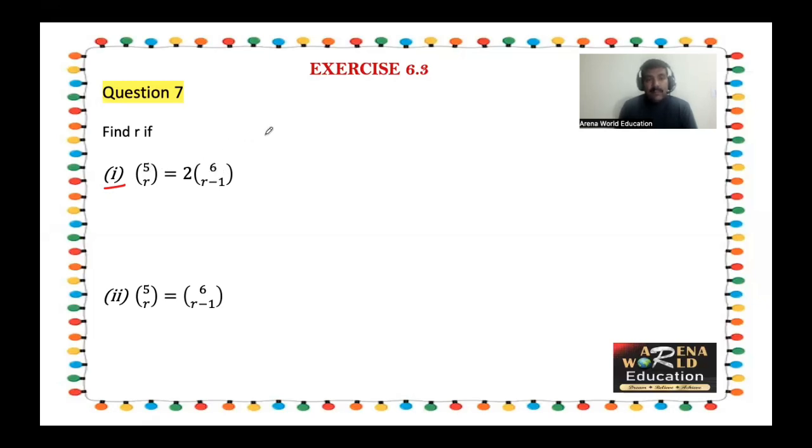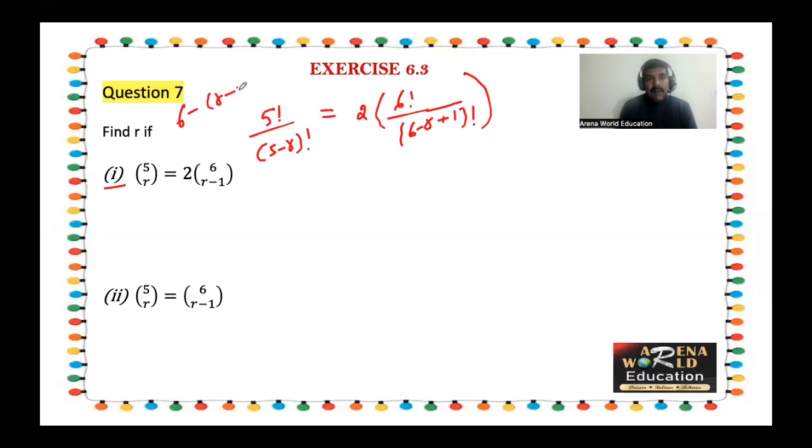This will be 5 factorial divided by (5 minus r) factorial, and this will be equal to 2 times 6 factorial divided by (6 minus r plus 1) factorial. Don't get confused, this was 6 minus (r minus 1).